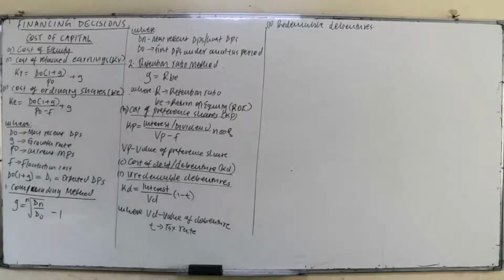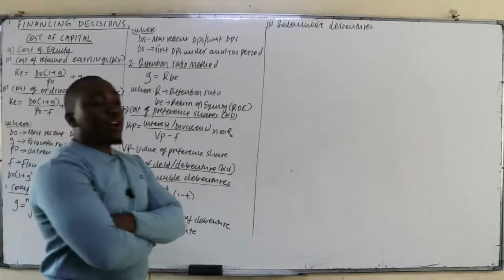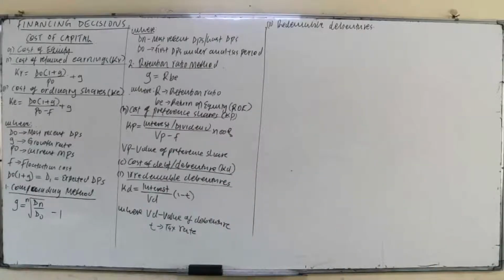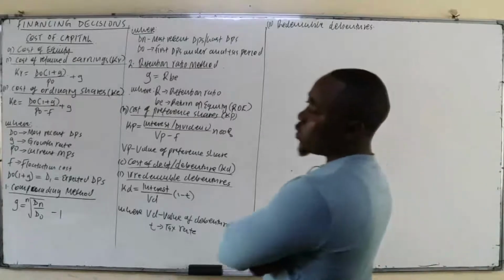These are debentures with a specific maturity period. The cost of redeemable debt is known as yield to maturity.